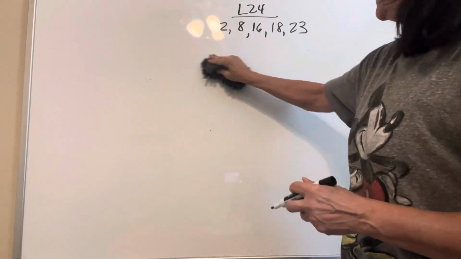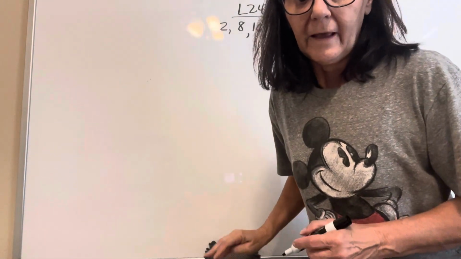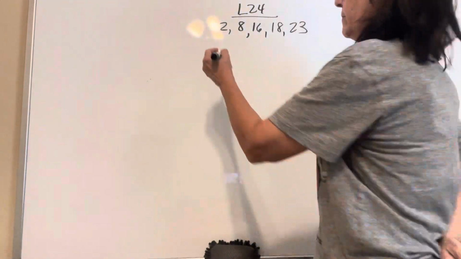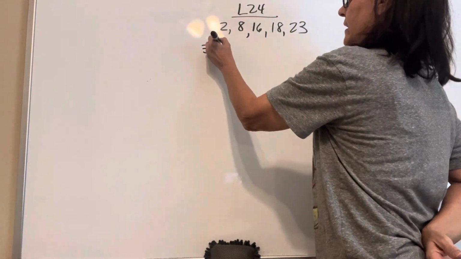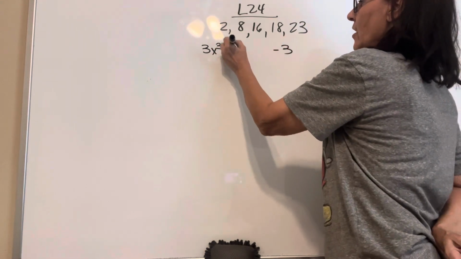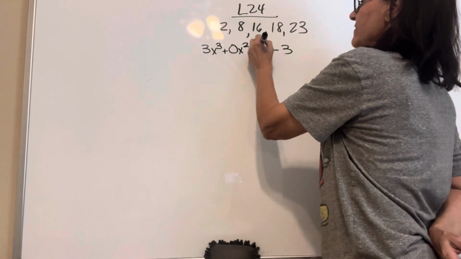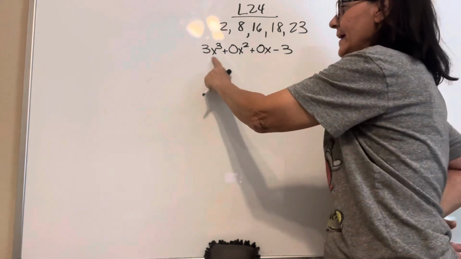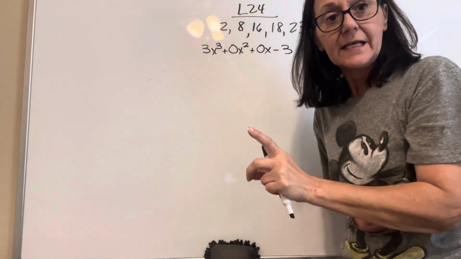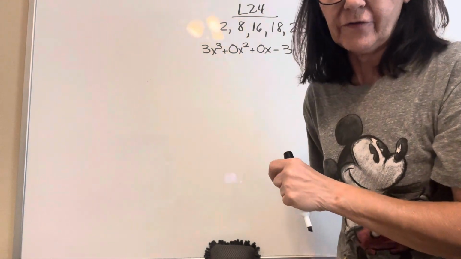Number 8 is next. Divide 3x cubed minus 3. All right, here's where you have to know. I have 0x squared. I have 0 x's. Every exponent needs a place in the division when you're dividing.